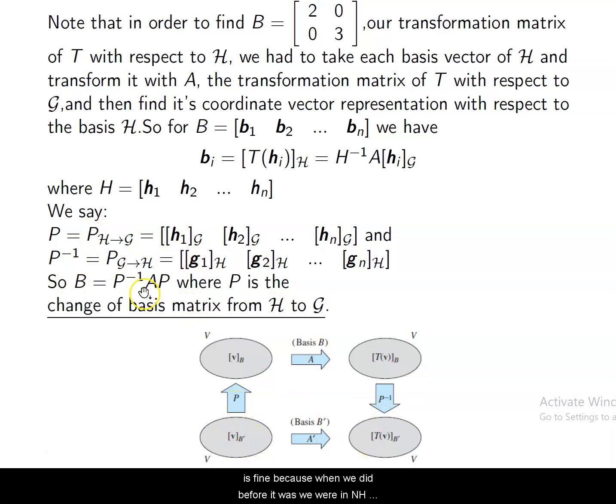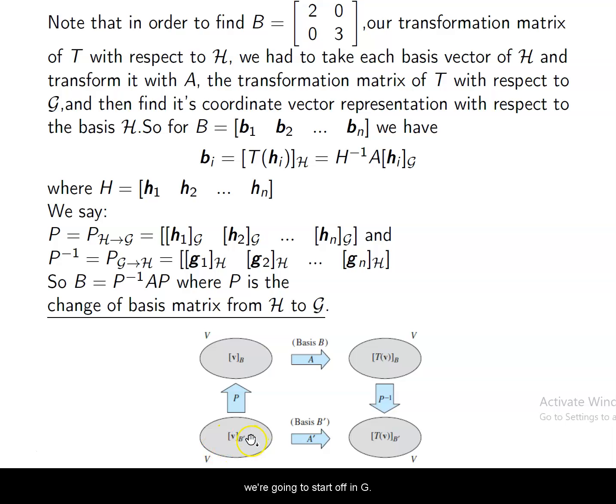So we're going to do this in a slightly different order, which I feel is fine, because what we did before was we were in H, we had to transform into G because our transformation matrix was given to us in terms of G, and then we went back into H. So here we're just going to do it slightly differently.